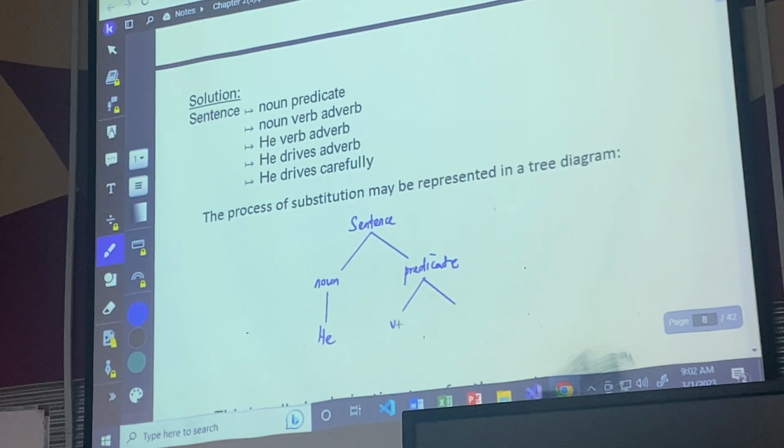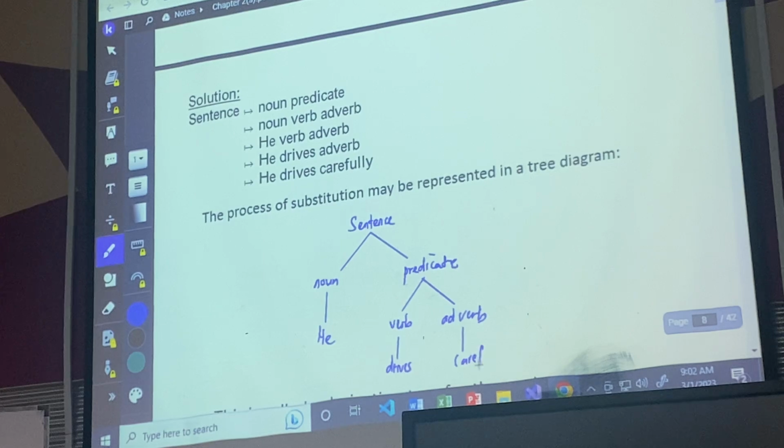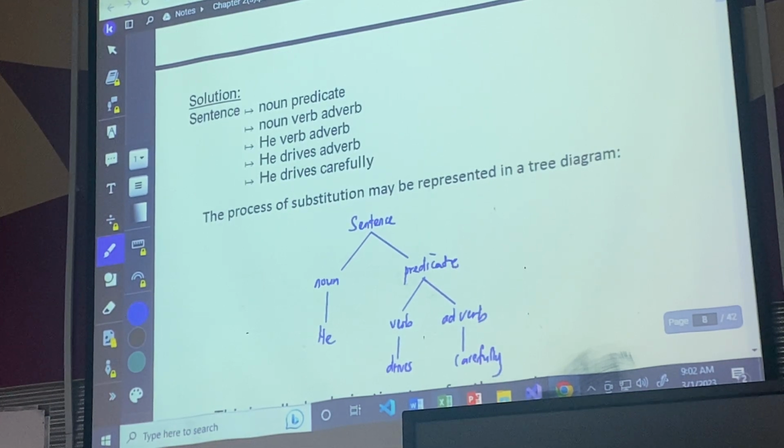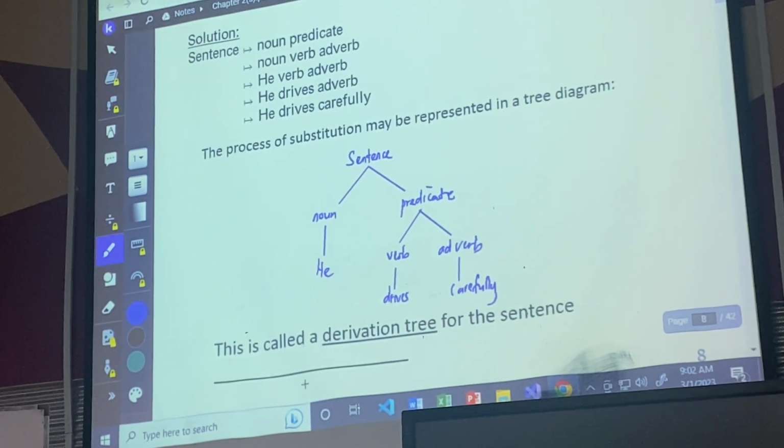Yes, we will replace it with verb and adverb. And verb is replaced with this word here, right? Adverb is replaced with carefully. Okay, so this one we call the derivation tree for the sentence he drives carefully.